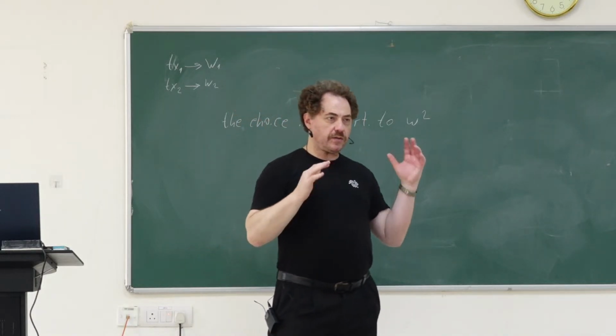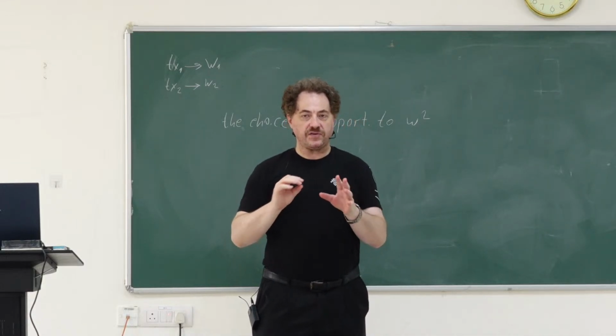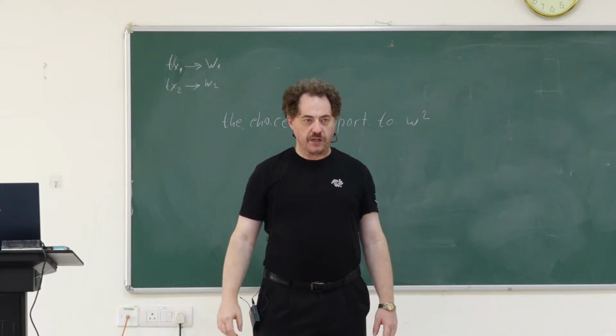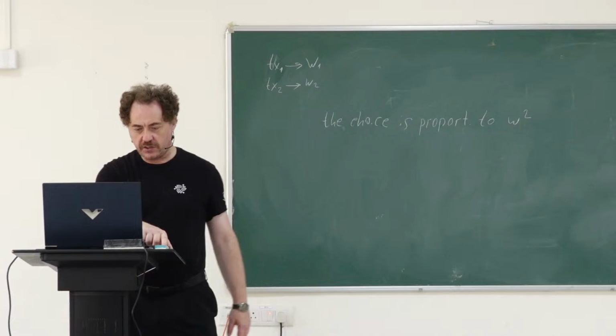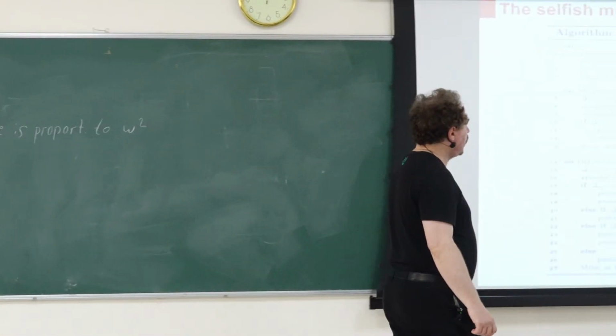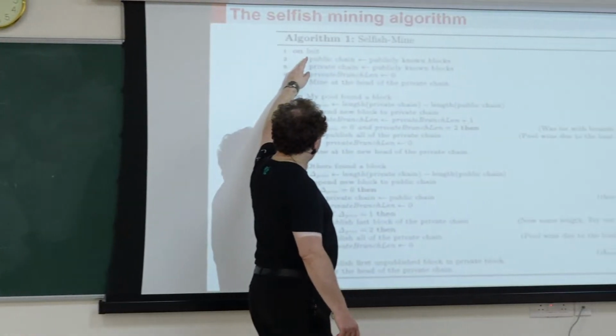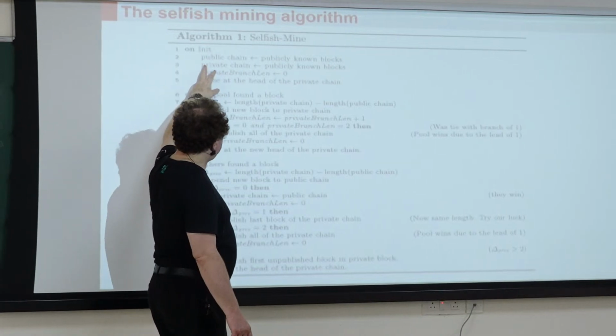It's interesting that this attack succeeds. It's interesting that this attack can be more profitable than mining honestly. So let's see, first of all, the details. How exactly is it done? So the initialization: we memorize the public chain and create a private chain.